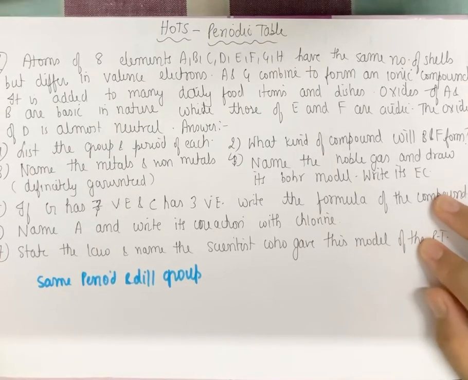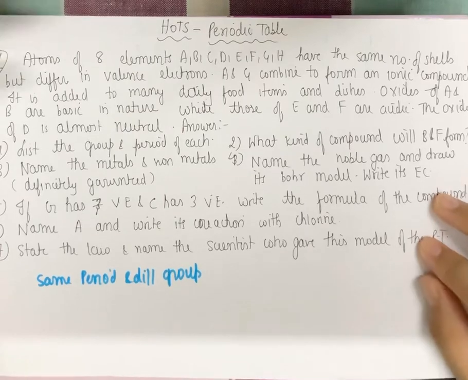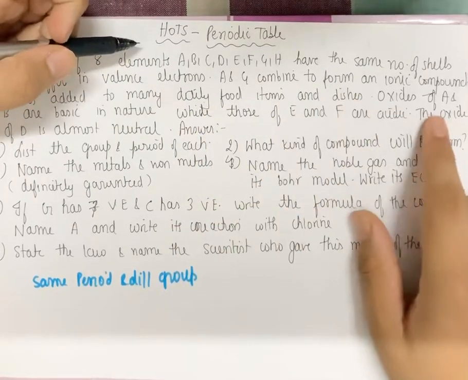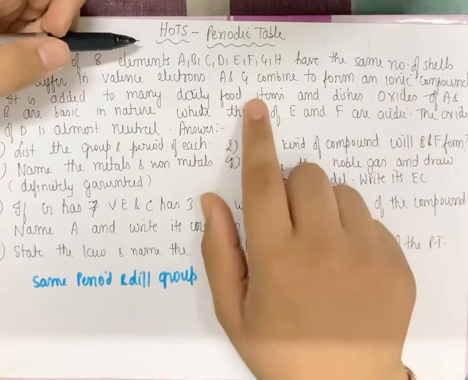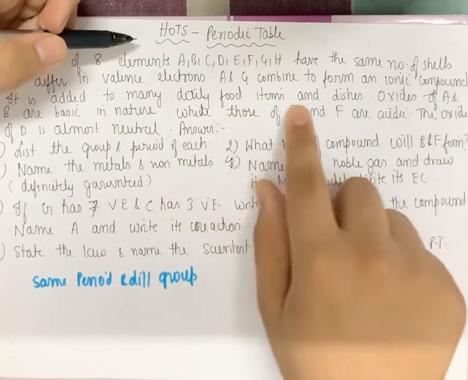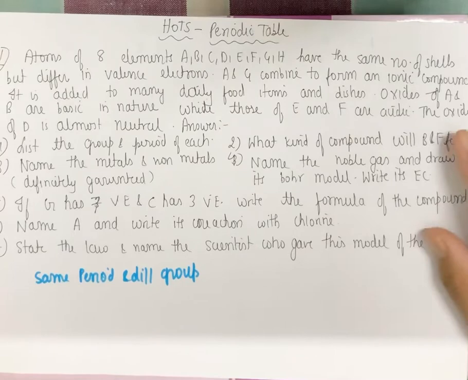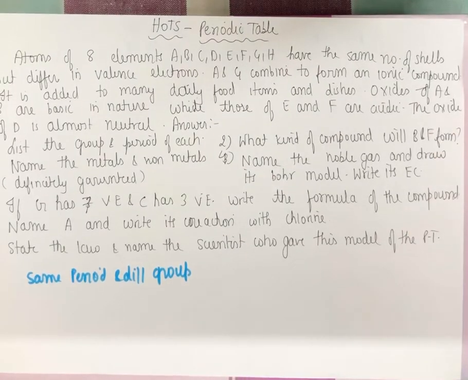We have got the group. Now for the period, what do we do? Take a look at this line: A and G combine to form an ionic compound and it is added to many daily food items and dishes. Salt is an ionic compound. All the salts we have are ionic compounds formed by a metal ion and a non-metal ion.